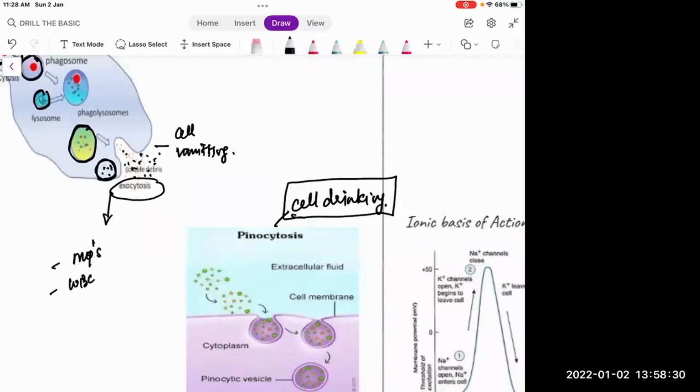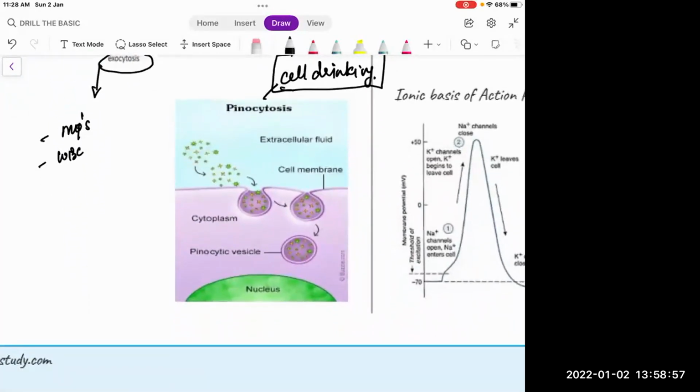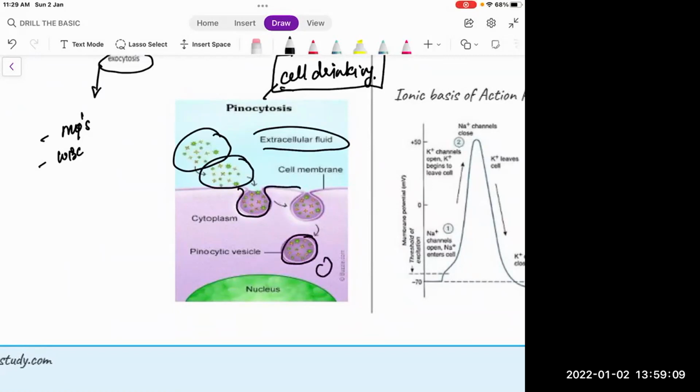That absorption process mainly takes place in the small intestine microvilli, and also in the kidney ductal cells for tubular reabsorption, and also in the absorption of fat droplets. So these are a few examples where cell drinking takes place. See over here, in the extracellular fluid you have the molecules to be reabsorbed. They go into the cell membrane, form the pinocytic vesicle, and it will remain as a cellular organelle.